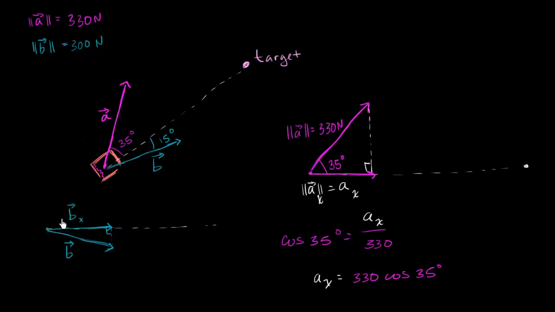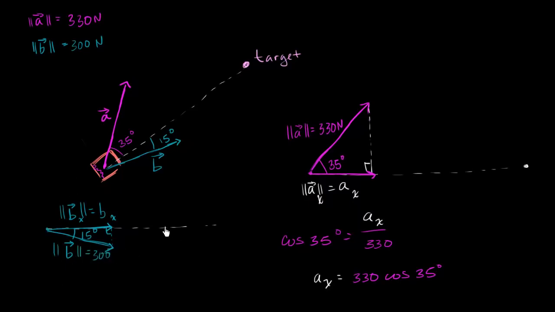And so what is the magnitude of B sub x going to be equal to? We'll just call that B sub x without the vector notation. Same exact logic. This is 15 degrees. Cosine of 15 degrees is going to be the length of the adjacent side over the length of the hypotenuse. We already know that the length of the hypotenuse is 300 newtons.